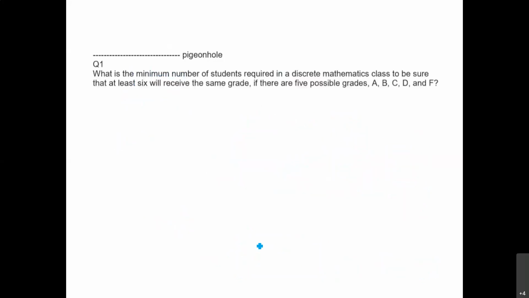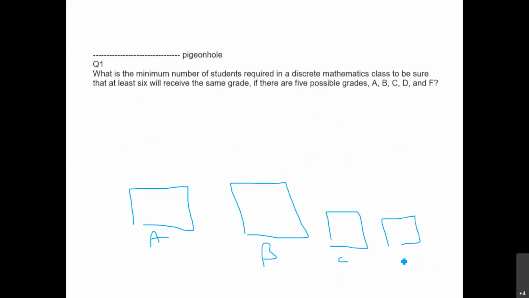So a similar question. What's the minimum number of students required in this class to make sure at least 6 will receive the same grade? And you have 5 possible grades: A, B, C, D, and F. How many students at least do you need?